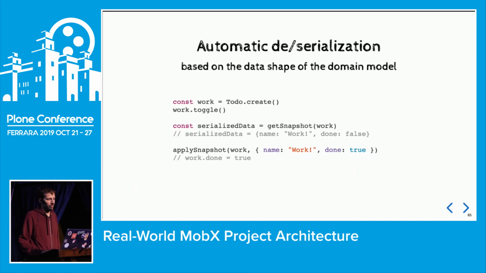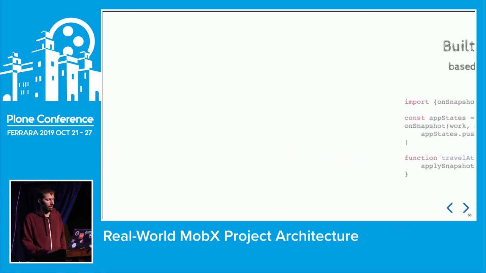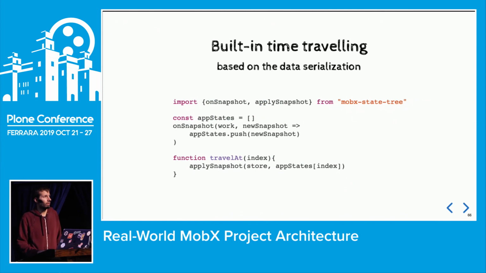And also, based on that automatic serialization and deserialization, we can build things that by default aren't available in MobX, but can be implemented in MobX State Tree. For example, we can provide time traveling, based on having a serialization of the entire store, recording the possible states of our application into a list.